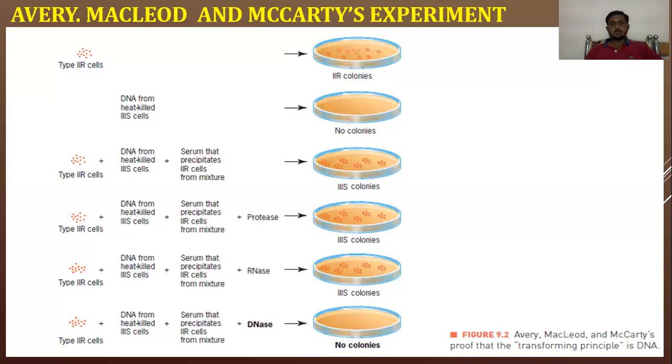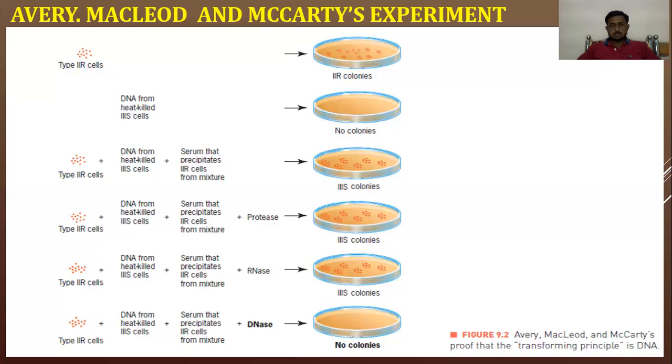In the last lecture, we already discussed what is meant by the R type and the S type. R type is a non-pathogenic or non-virulent bacteria, and S type is a pathogenic or virulent bacteria. So in this lecture, we will discuss the experiment performed by Avery, Macleod, and McCarty.